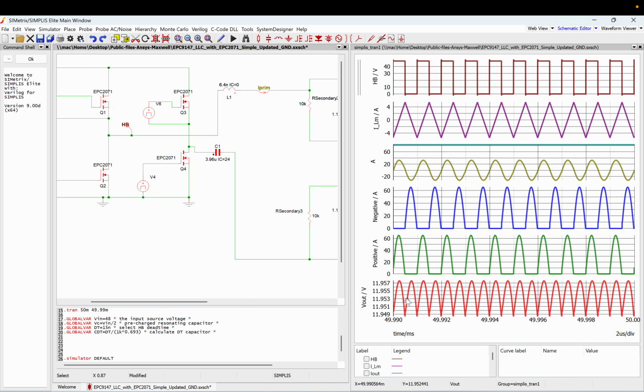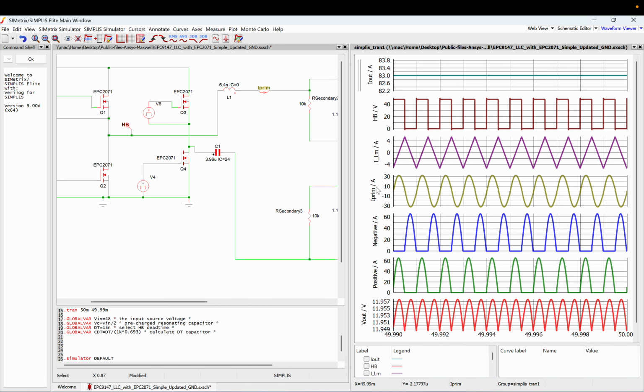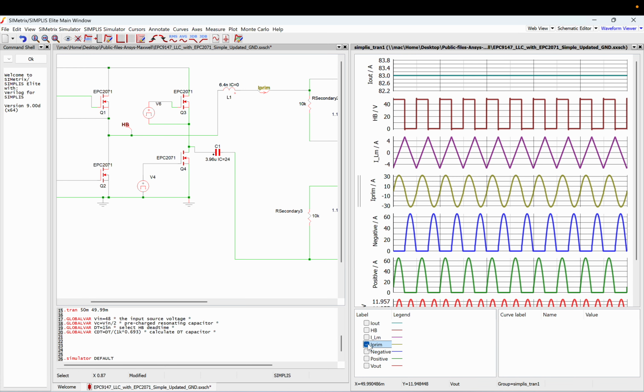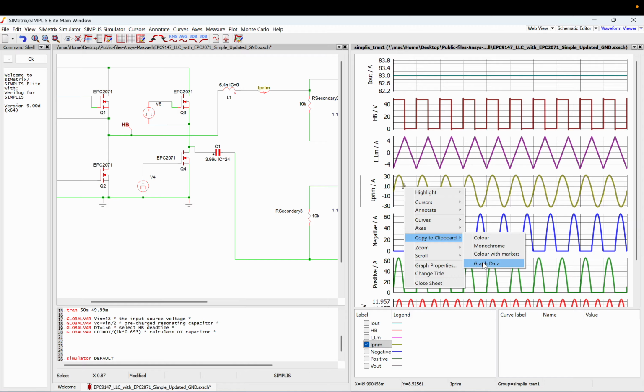What I did is go stack all curves, and I saved this one primary. I do copy, right click, copy to clipboard graph data.